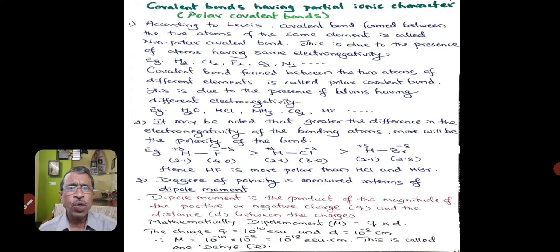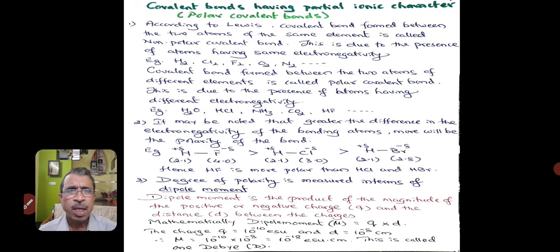The charge Q is expressed as 10 raised to minus 10 ESU in the CGS system, and the distance is expressed as 10 raised to minus 8 centimeter in the CGS system. Therefore, the dipole moment mu is equal to 10 raised to minus 10 into 10 raised to minus 8, which will be 10 raised to minus 18 ESU centimeter.